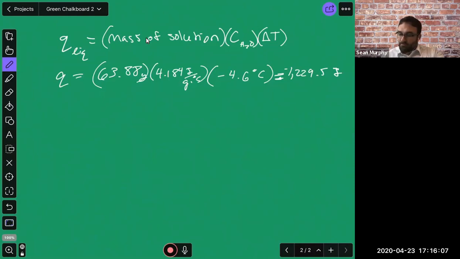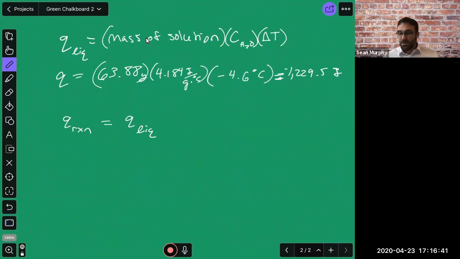We know that the heat of the reaction and the heat of the liquid equal each other because we have a little coffee cup calorimeter, and inside that is our little universe, and no heat is going to come in or out of our little environment. So all the heat from the system is going to be transferred to the surroundings or vice versa.